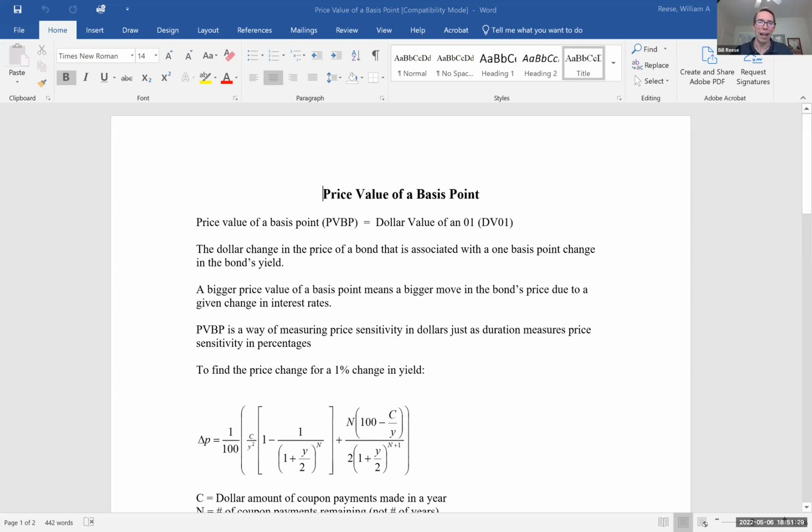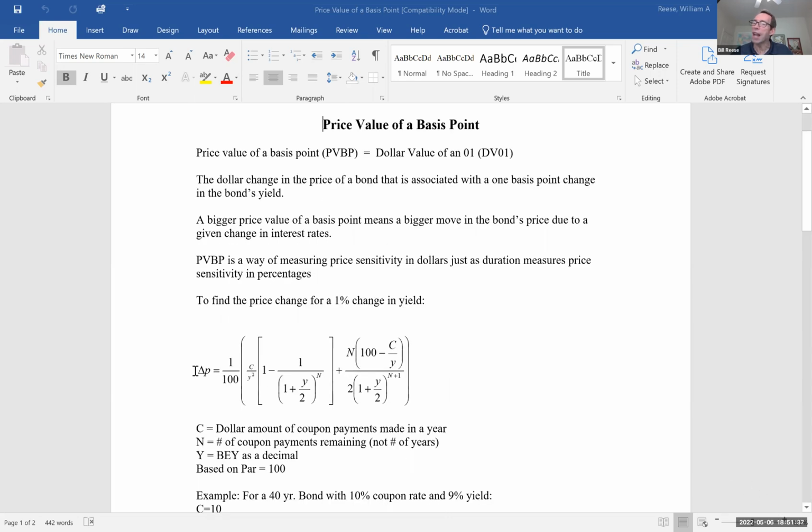So let me bring up the class notes for this so we can walk our way through this, because it's kind of a daunting formula that we've got here. Okay, so we start out with something that we're going to call delta P. Delta P is not price value of a basis point. We'll get to that in a little bit, but we'll just call it delta P for right now.